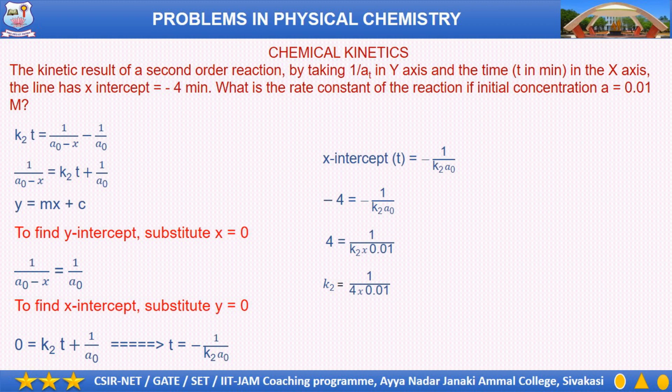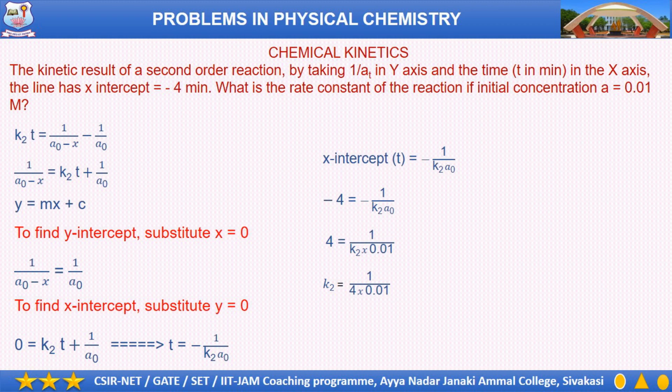How would you obtain the y-intercept? Let us rearrange this so as to plot 1 by amount left on the y-axis. To find the y-intercept, put x equal to 0 and you will get y equal to 1 by A naught. Therefore, the y-intercept is nothing but 1 by A naught.